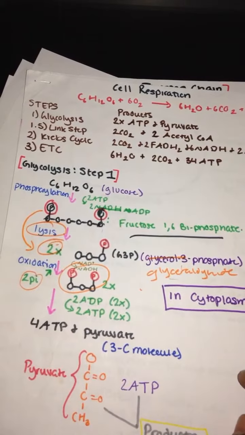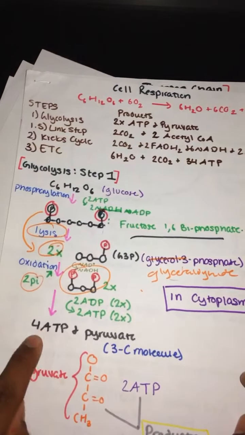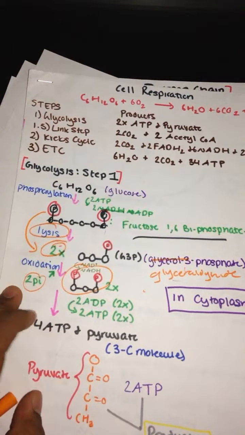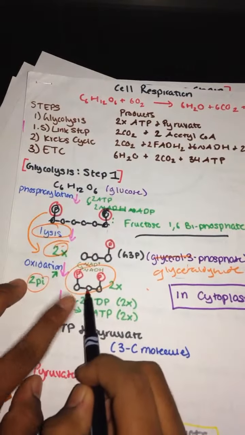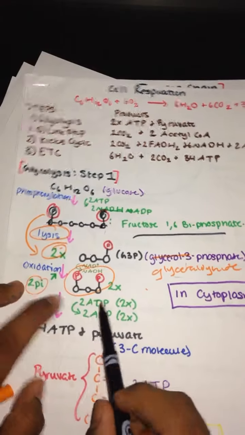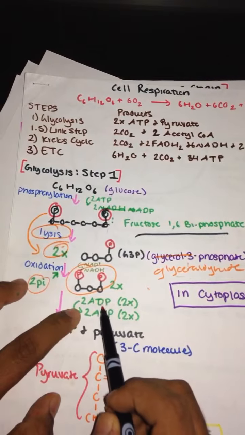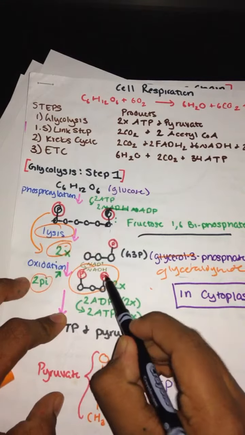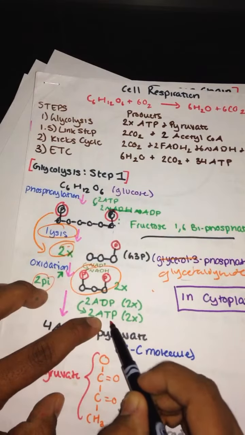Okay? And so in the next step, which is just a step after that, there's no name. It's just used to convert the G3P with the inorganic phosphate into pyruvate. You have 2 ADP which come in, and they take the 2 inorganic phosphates and turn into 2 ATP.